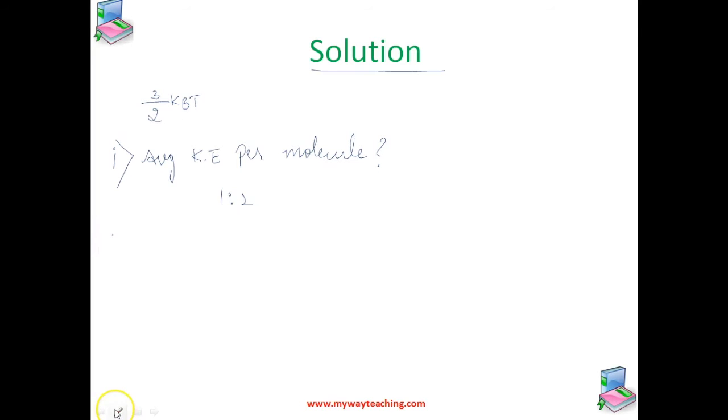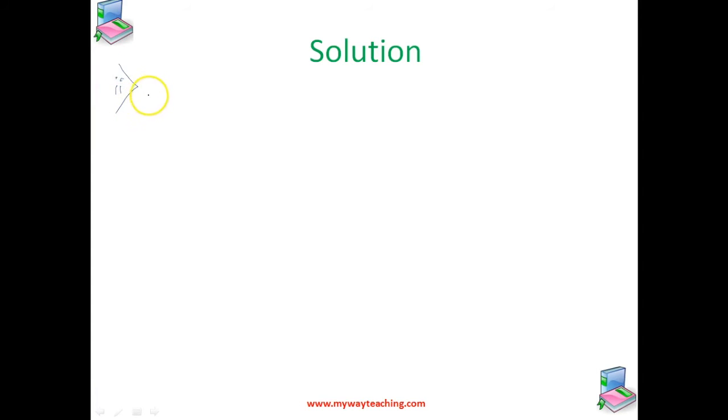So now let us find the solution for the second part of the question. So here we should find root mean square speed of the molecules of the two gases. Okay.